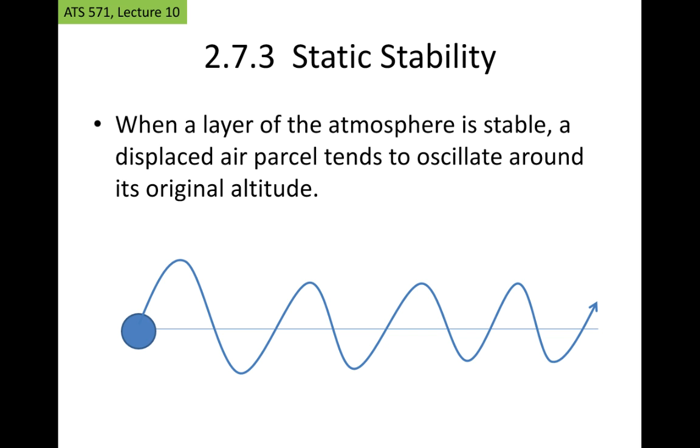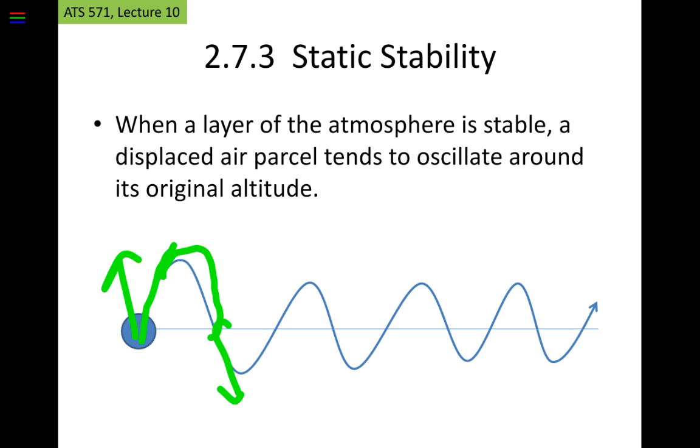And so actually, we could take an air parcel and displace it from its original location, give it a little push, and as we lift it upward, it's colder than its environment. It's experiencing an acceleration downward. When it gets to its original altitude, it is no longer experiencing an acceleration, but because it's moving, it's going to continue to move below its original altitude.